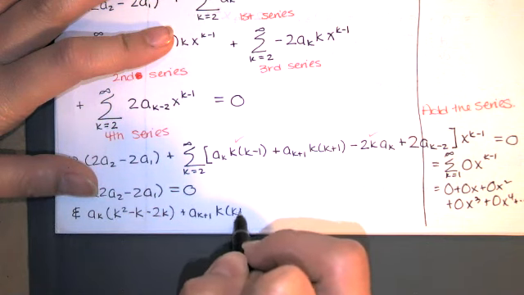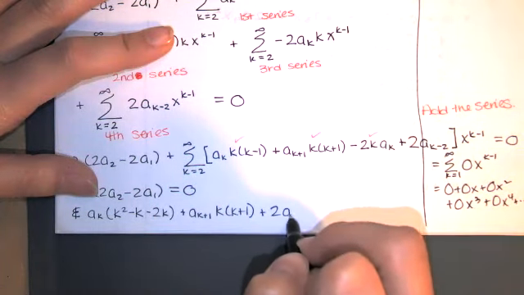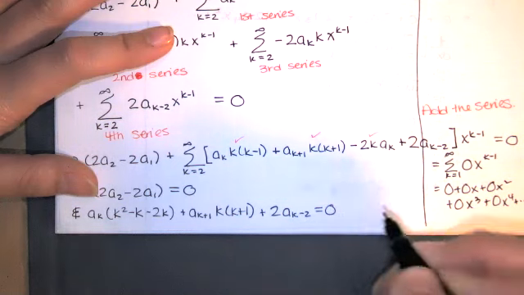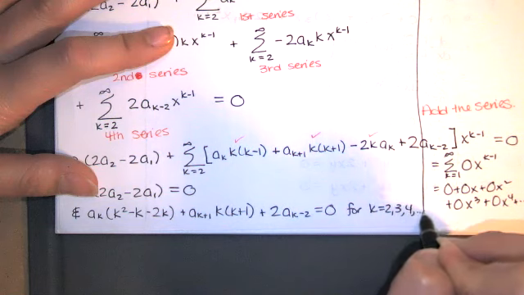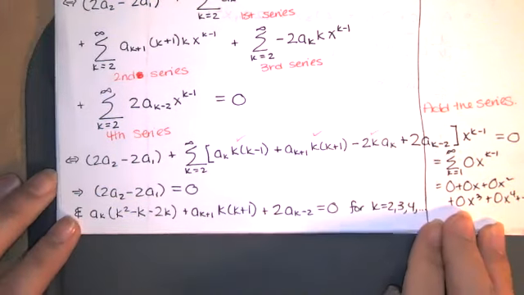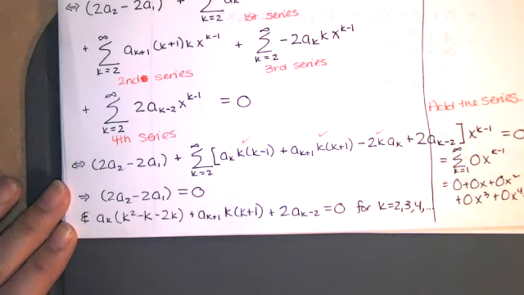That's k times k plus 1, plus 2 times a sub k minus 2. That is equal to 0 for k equals 2, 3, 4, and so on. This is going to allow us to find the coefficients a sub k.